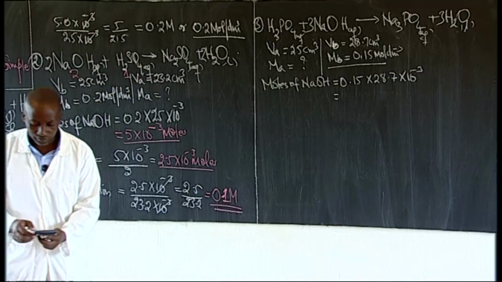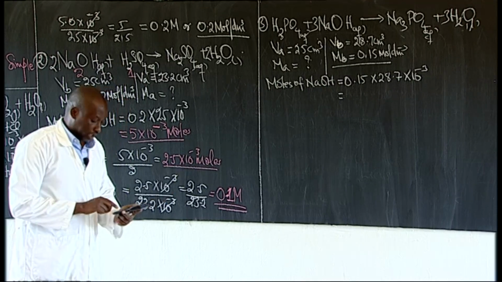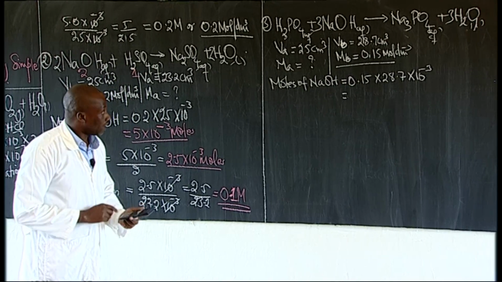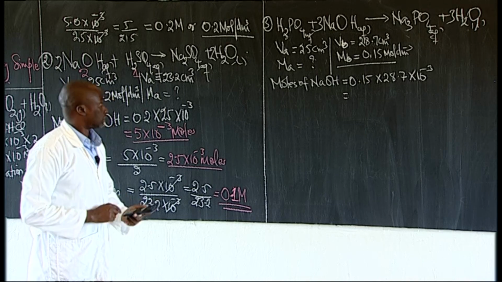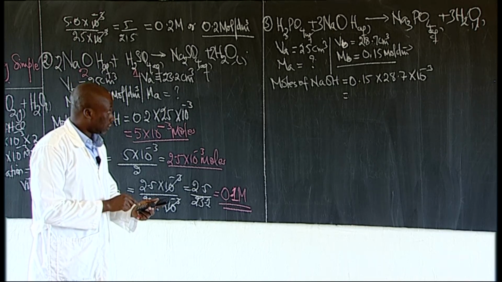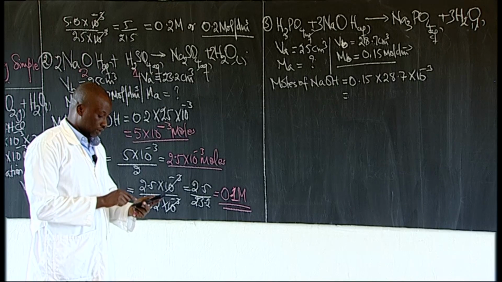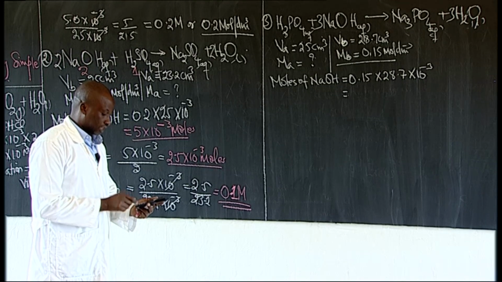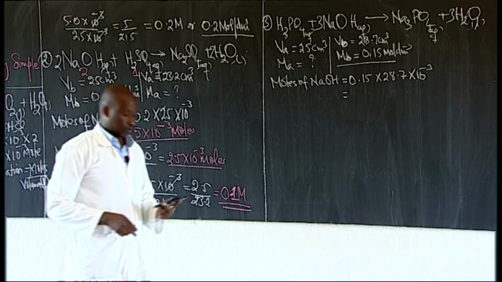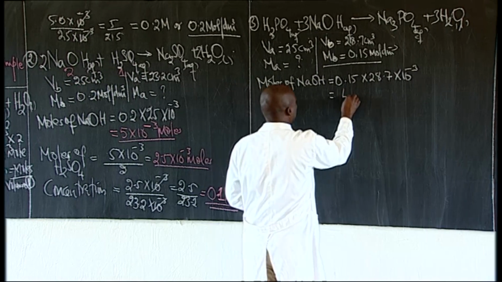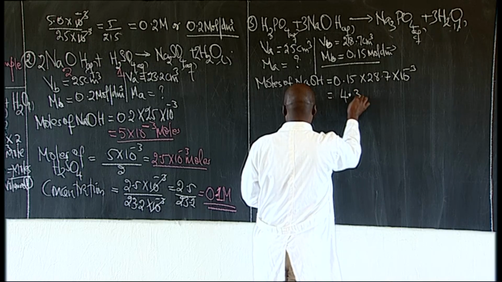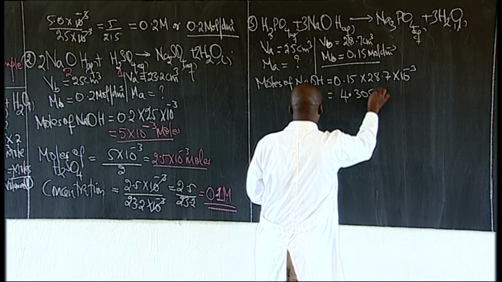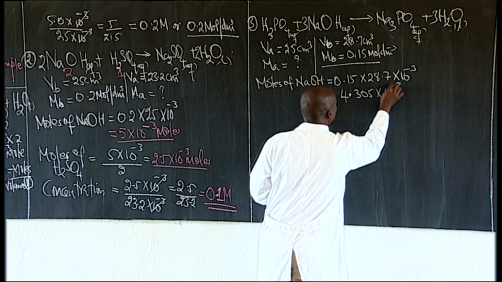So now you need to press that. 0.15 times 28.7 times 10 to power negative 3. So what are we getting? 4.305 times 10 to power negative 3.